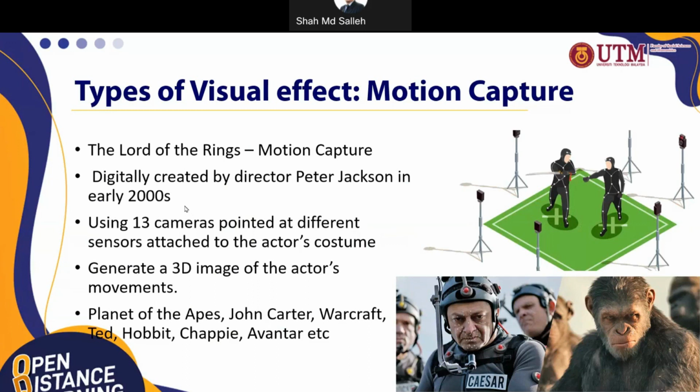For example, in Lord of the Rings, 13 different sensors were attached to the actor's costume, using 13 cameras pointed at the different sensors, and then 3D images were generated from the actor's movement.